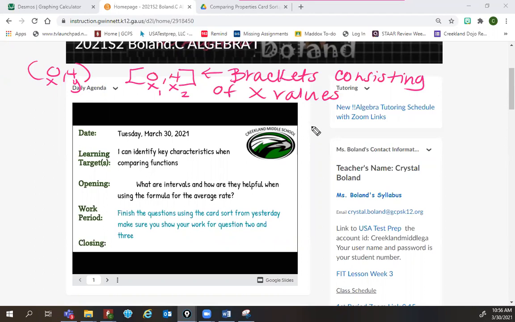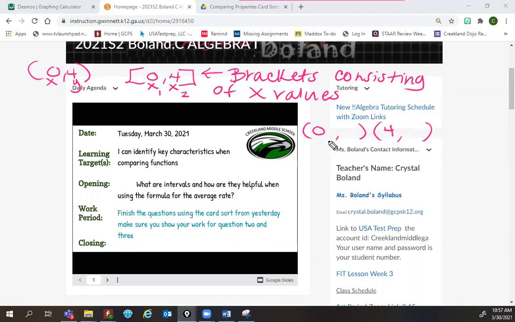And how are they helpful using the formula for the average rate? They're helpful because these tell you what X's to use. So I'm supposed to use the 0 and the 4. Okay.